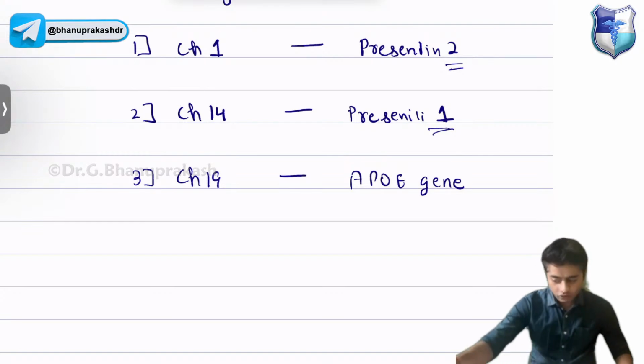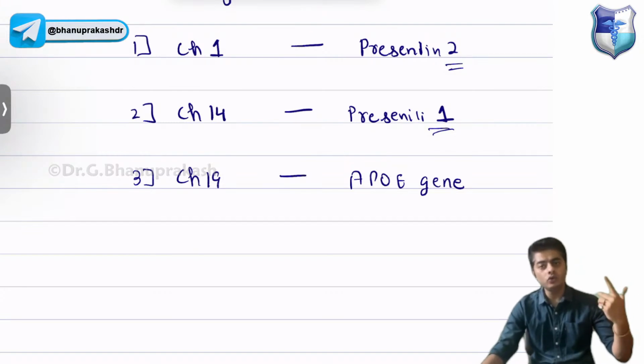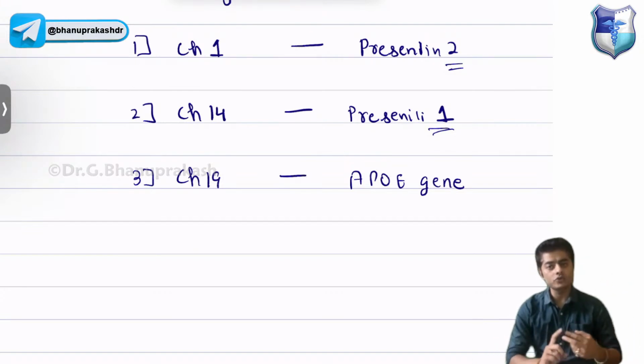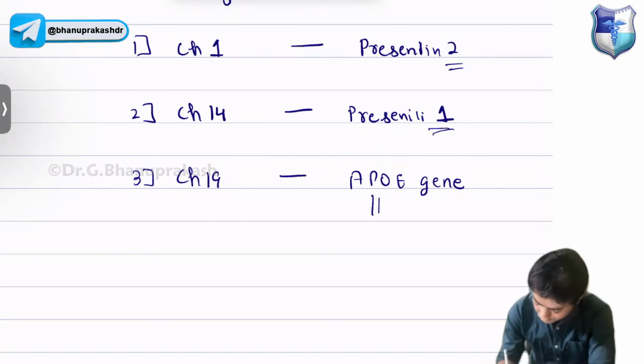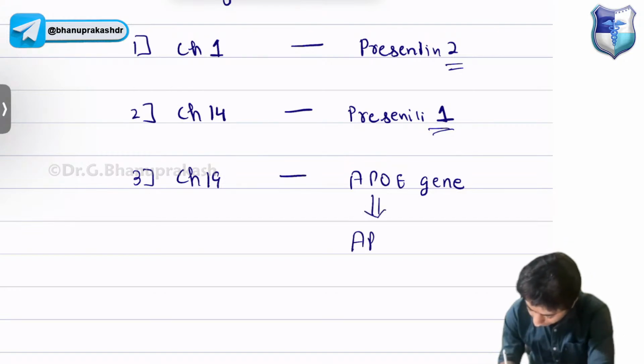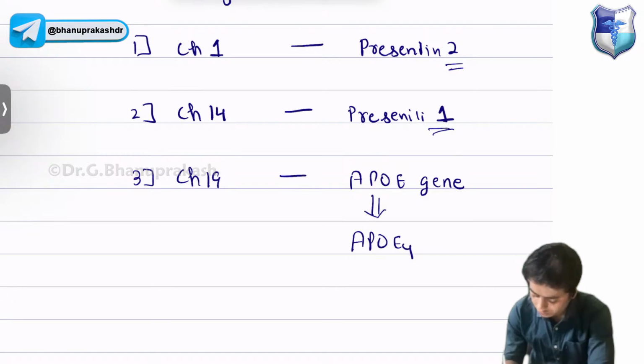ठीक है everyone? Till now everyone okay? Chromosome 1 presenilin 2, 14 presenilin 1, and the chromosome 19 defect is your ApoE gene. हाँ, it is your ApoE 4.